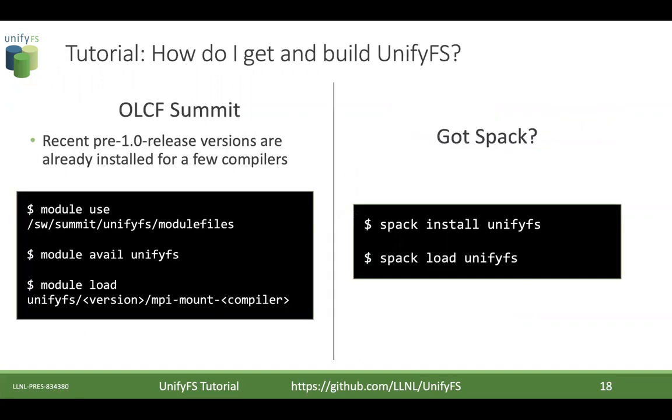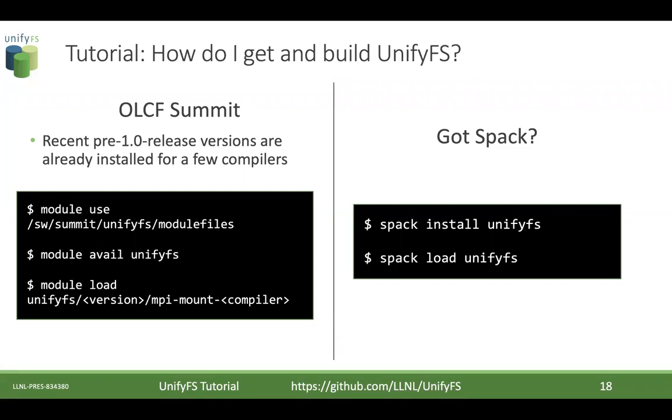So essentially, if you are working on Summit, we do already have a pre-1.0 release installed with a few compilers there. And by pre-1.0, I mean a snapshot of our develop branch at a point that's newer than our latest release, with some improvements, as our 1.0 release is not quite there yet, but it's coming soon.